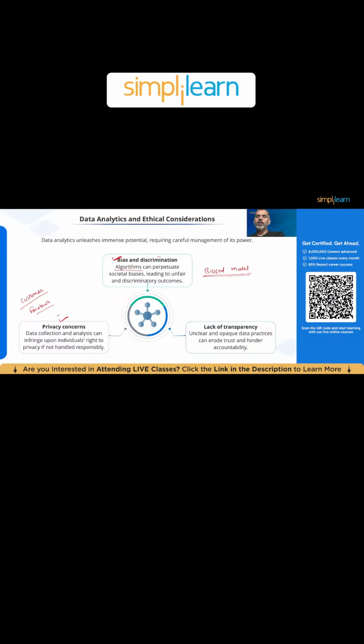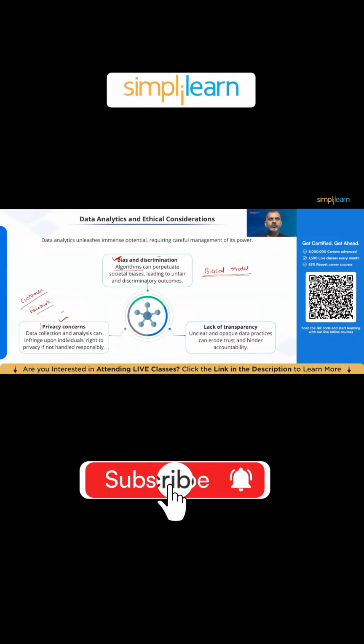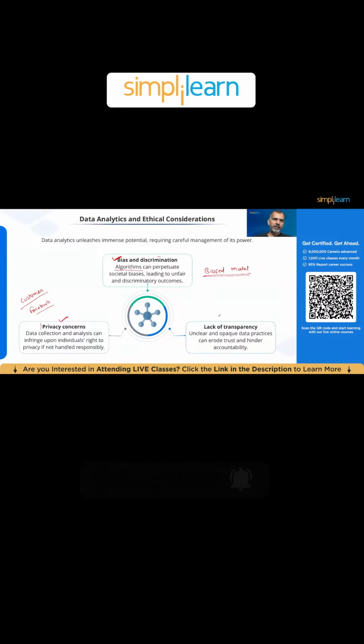If you do not handle it properly, it can be used in other ways, and you can simply impersonate a person. A digital entity can be created which is going to impersonate a real identity. So it is very important to have data ethics in the process of data analytics.